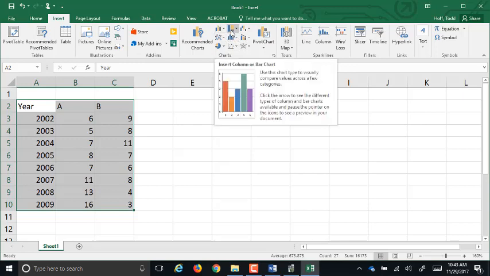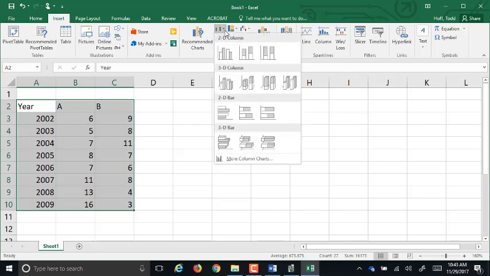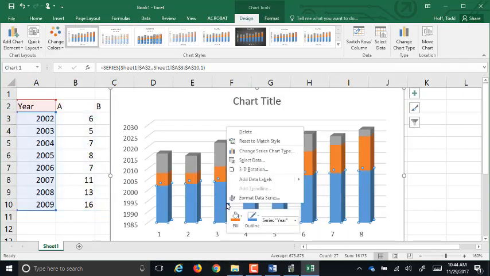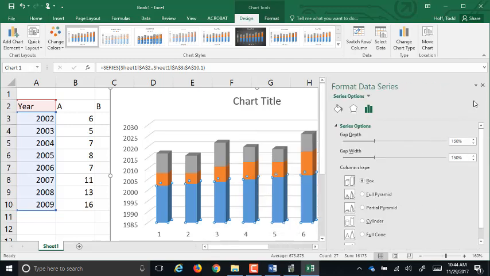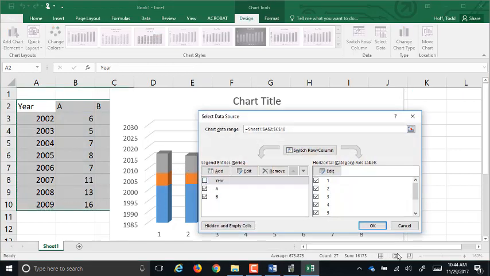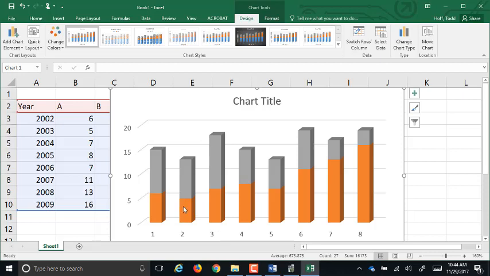So let's do the column chart. So this is the stacked chart. Now I've got to format my data series and get rid of... okay, that's not it. Select data, there I go. I want to get rid of the year as a variable. The year is not a variable. So there's my stacked bar chart.